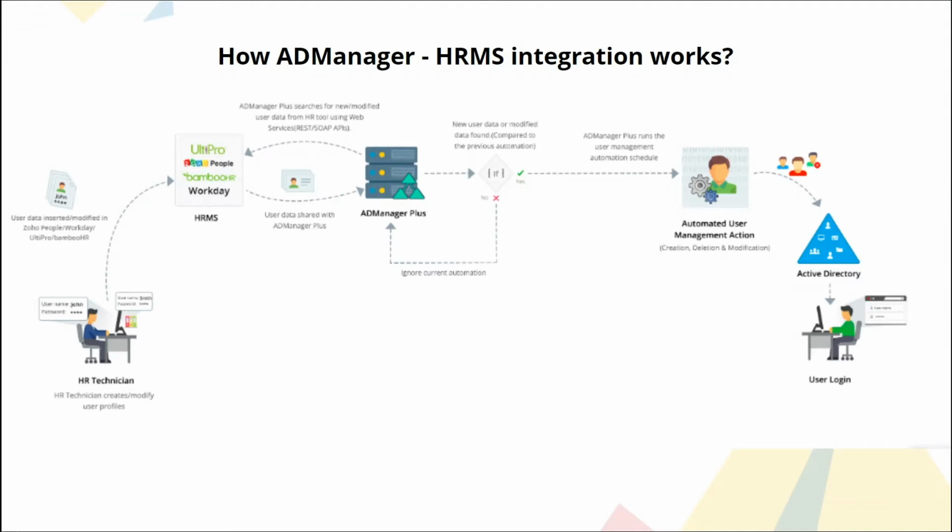Another important point is, let's say you do not want to go ahead with the HRMS integration, but you still want to automate the user onboarding, user modification, as well as your offboarding, but you just have a CSV file, and you want to use the CSV file with all the new users that were sent from the HR. Then that can be done as well.